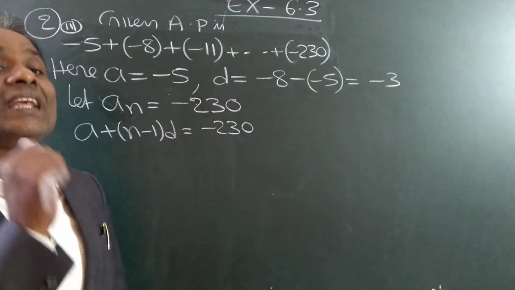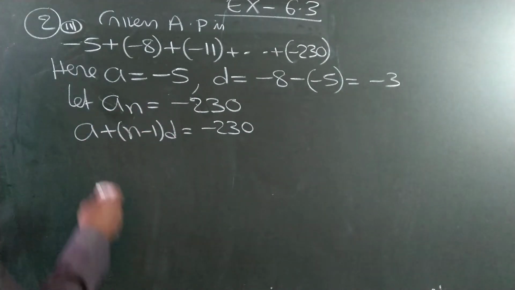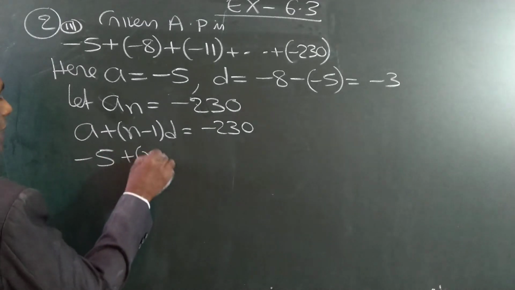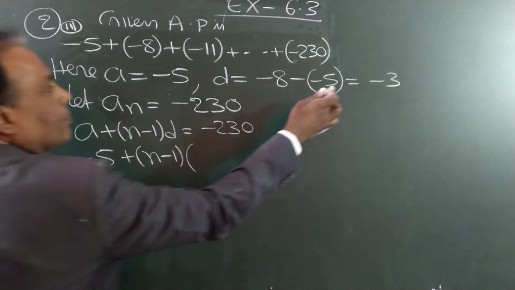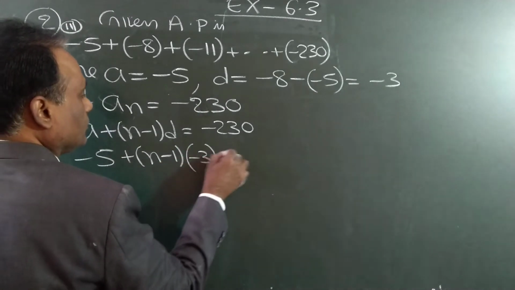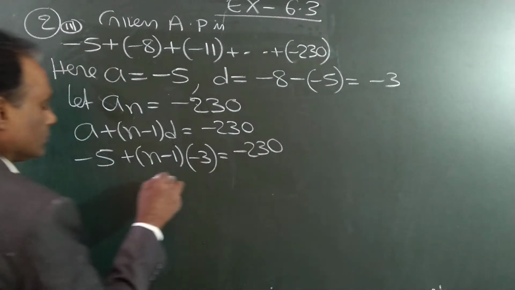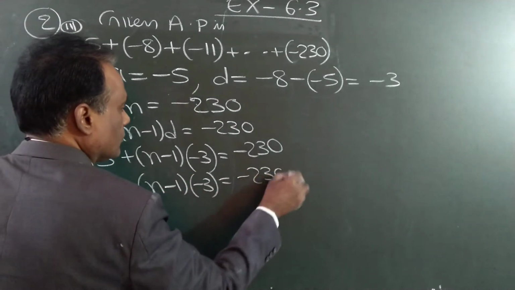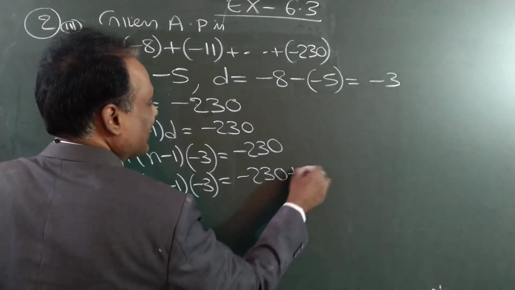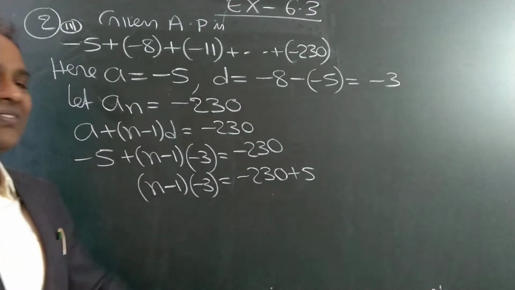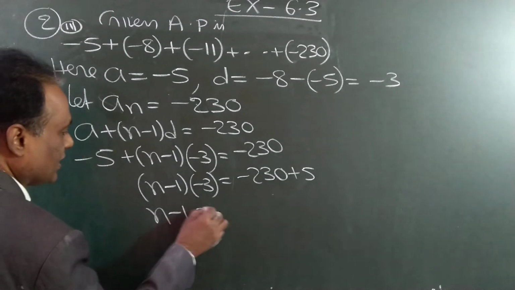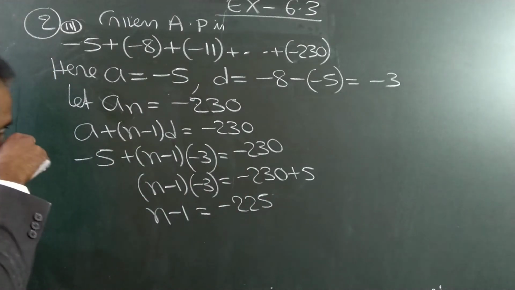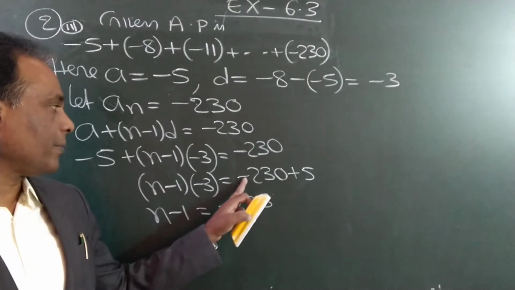So, minus 230 is which term? Let it be the nth term. The formula is a plus n minus 1 into d, where a is minus 5 plus n minus 1 into the difference, minus 3. Minus 5 that side becomes plus 5. N minus 1 into minus 3 is equal to minus 230 plus 5, minus 225.